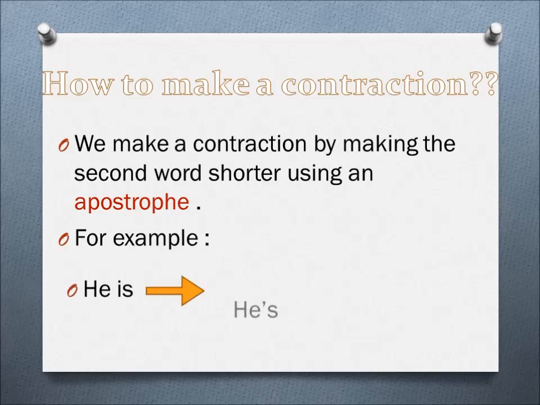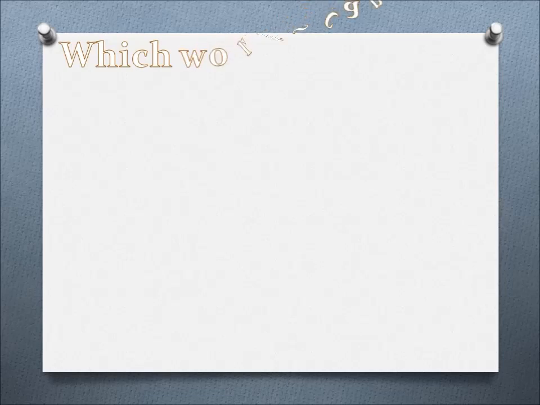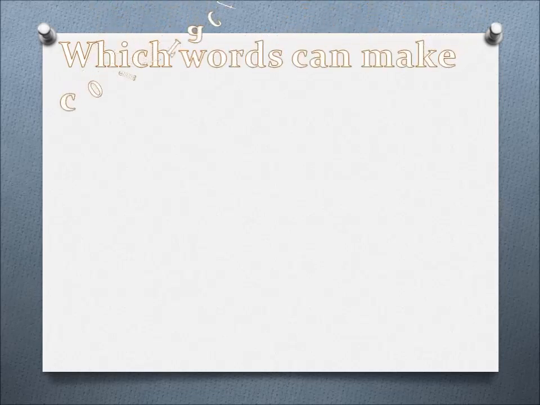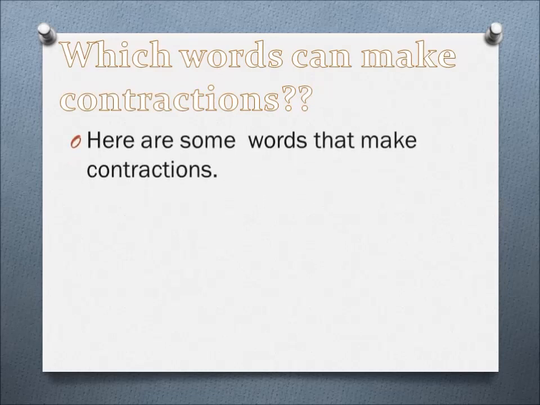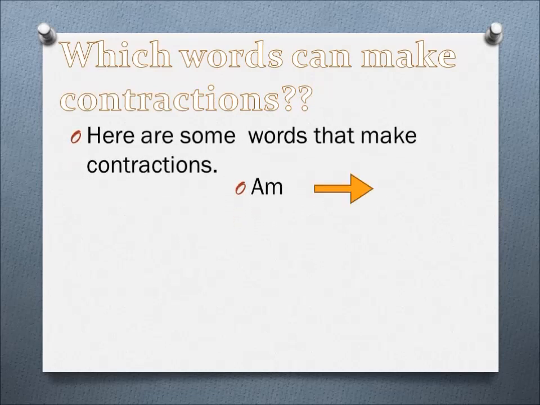I know you know that this is very simple, but we have to study the rules in order to know when to use it and when not to use it. But first, let us know together which words can be used. Which words can I contract? Which words can make contractions? I'm going to tell you and show you some words that make contractions.